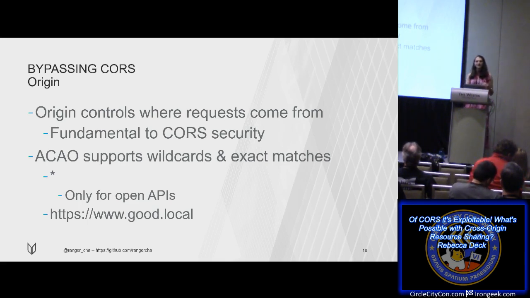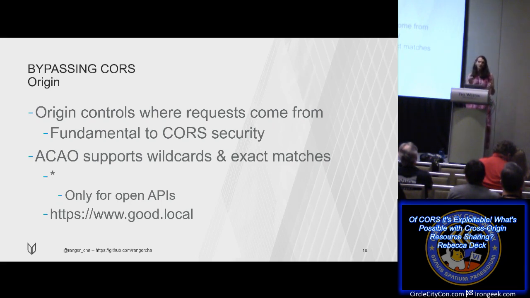So if you're talking about bypassing CORS, the origin header, remember I said this is the most important one. So origin is going to control where all these requests come from, right? So it's saying, hey, this site, evil.local out on the internet, is trying to make me do this. Is this okay? The access control allow origin, so when the server responds back, it can either have wildcards or it can have an exact match.